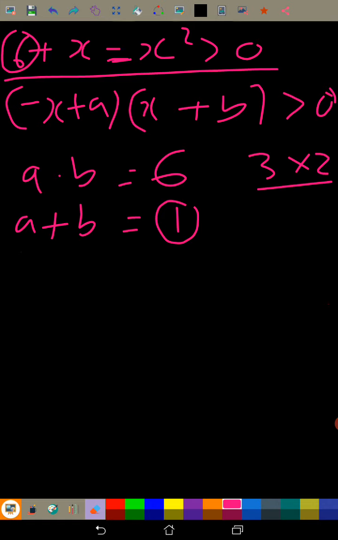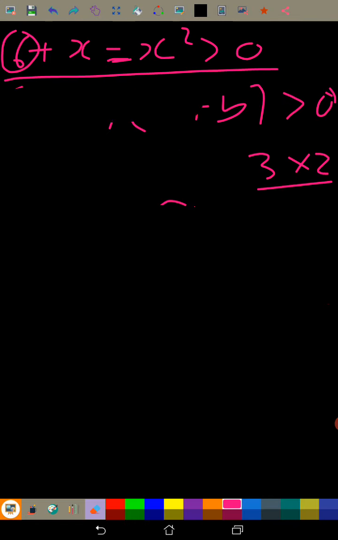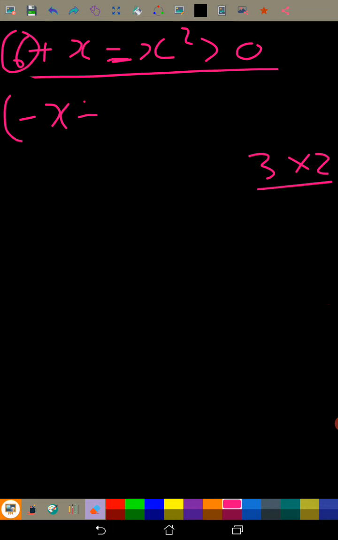Okay, so to make it simple, I know I have to work with these values, so I'm going to erase this. I'm going to write minus, let's say minus 2, and x minus 3 is greater than 0. So let's check if this is correct.